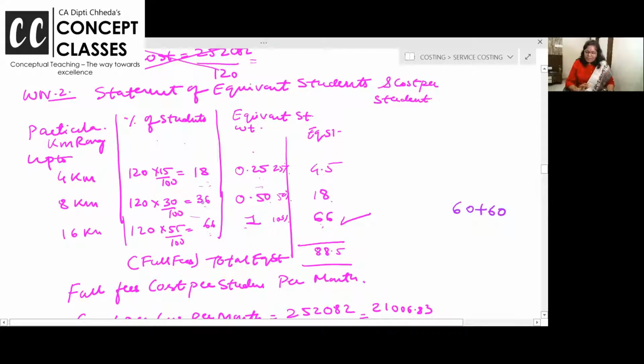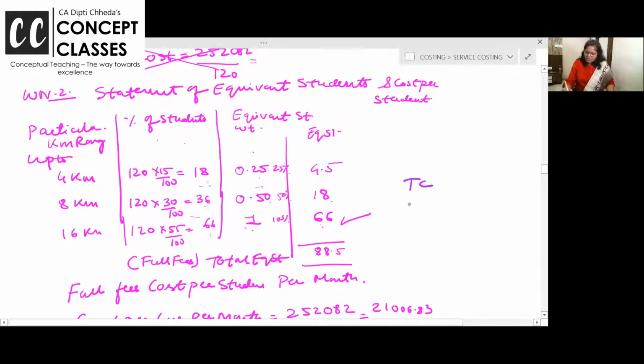Now they are not paying equal fees. Suppose those who are coming from 16 kilometers, they are paying full fees, 100%, 1 rupee. 8 kilometers, 50%. 4 kilometers, uska bhi half, 25. So if I say, you know why I am doing all this, just look here.